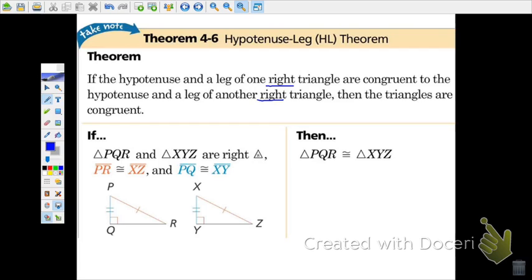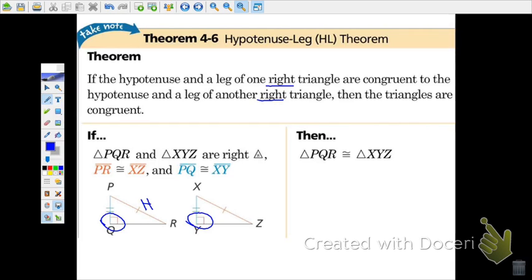We have to see that we have right angles, because again, this only works for right triangles. So we have to see that they're right triangles. The hypotenuse: how do I know which side is the hypotenuse? It is opposite of the right angle.